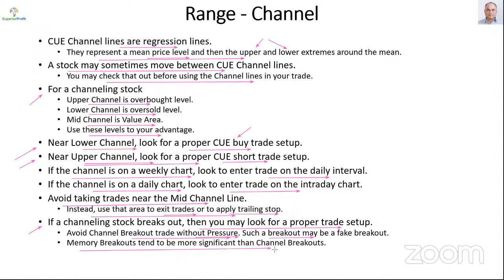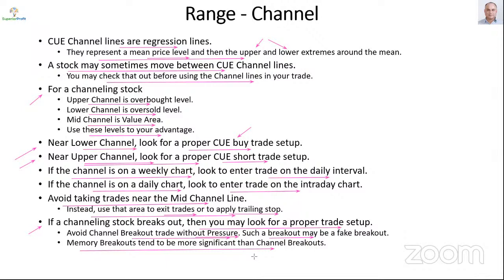And one thing that I added as a comment is that memory breakouts tend to be more significant than channel breakouts. As I explained in the previous session on technical indicators, memory and watermark levels are zero lag levels. They are drawn from the left hand side and they do not change based on the current price move. But other indicators, including channels, are not like that.